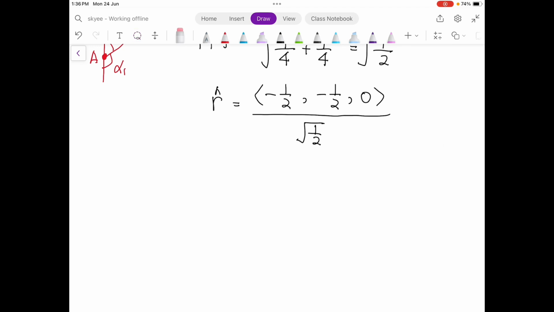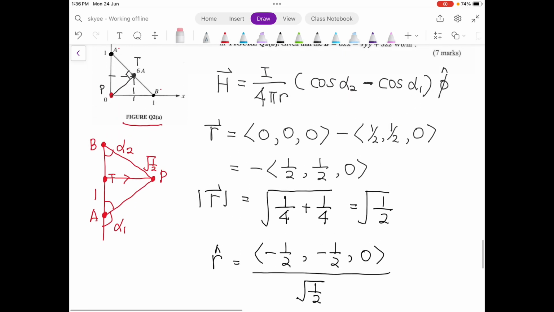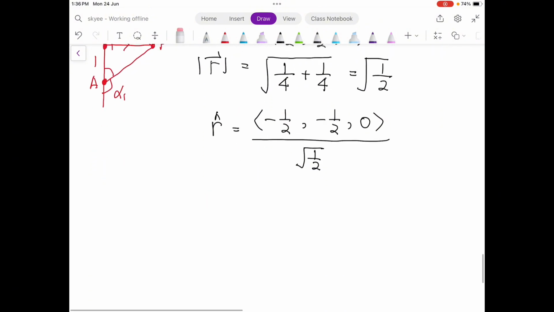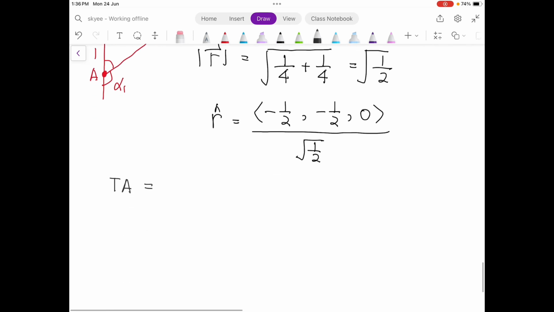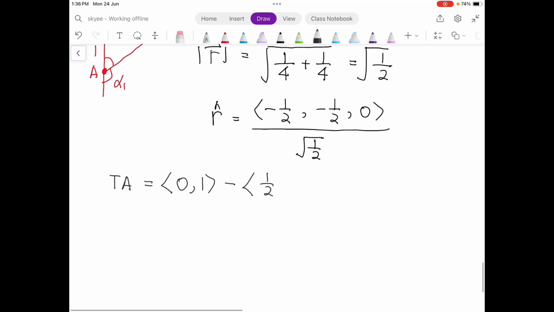Go back again to see this one. If you want to know the distance from T to A, you have to calculate it. So TA, what is the distance? A is at the position 0, 1, and the point T is 1/2, 1/2.